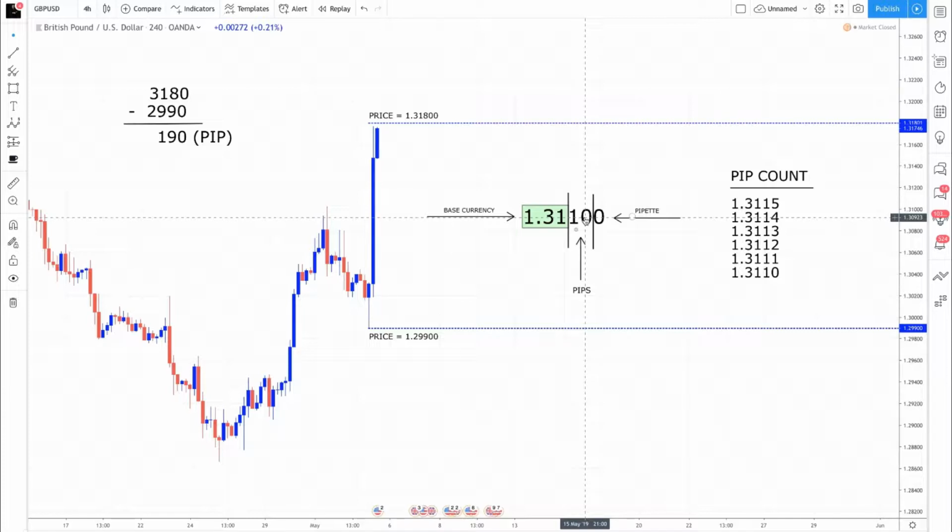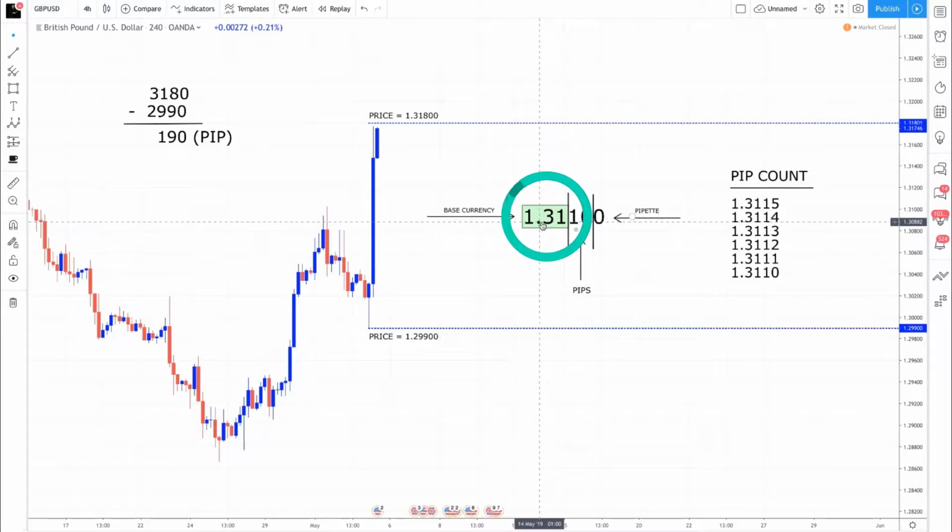Now, to better understand pips, let's break down what the price actually looks like and how to read it. Any time we get a price, it is broken up into 3 parts. We have the base currency, which is the numbers before the decimal and the 2 numbers after the decimal. This is the base currency of exchange for the country that's getting traded.